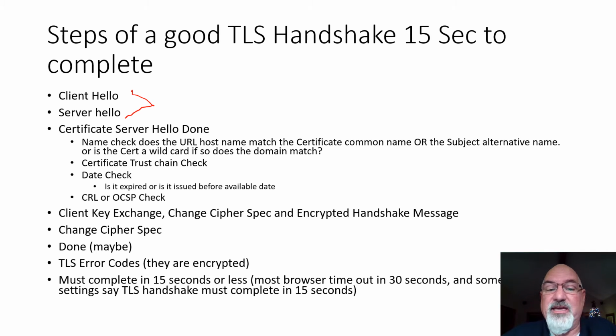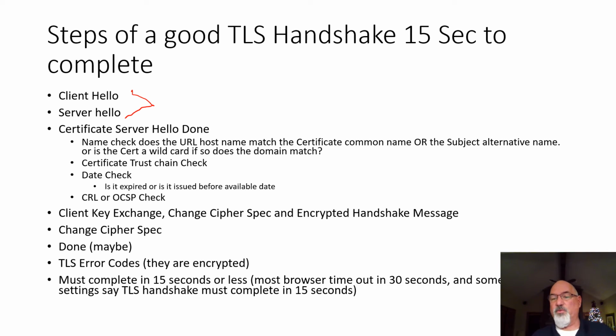Then you have the client key exchange. This is where we're changing the cipher spec, generally from a private-public key pair to a symmetric key, because asymmetric key exchange is expensive, it's costly, it takes more CPU.